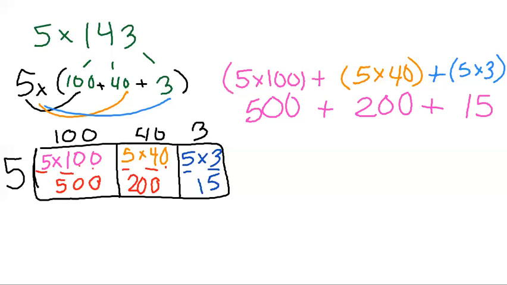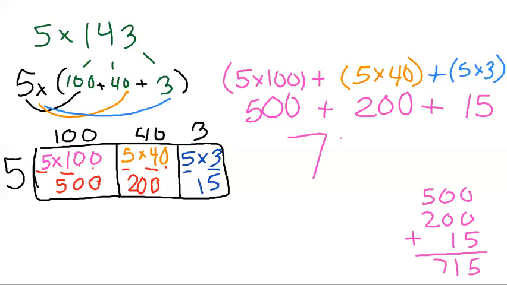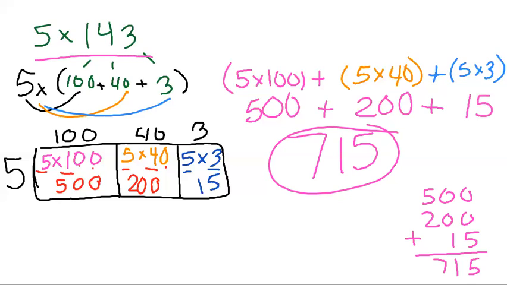Again, I like to add up and down, so I'm just going to rewrite it. 500 plus 200 plus 15. I'm going to add my 1s, 5, 1, 7. So altogether, I have 715 as my answer. So that tells me 5 times 143 equals 715, right?